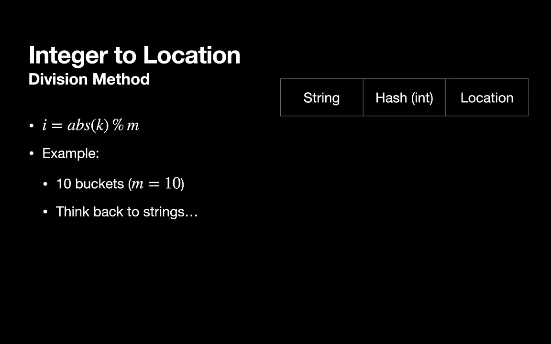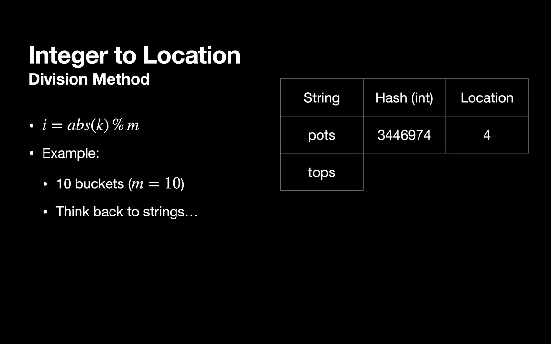Okay, so let's think back to our strings. So pots, the hash value, the integer value is 3446974. If we do the remainder of that after dividing by 10, we'll end up with a location of 4. Tops had an integer value, 3566014, and if we do the modulus after dividing by 10, we get 4 again. We had a collision.